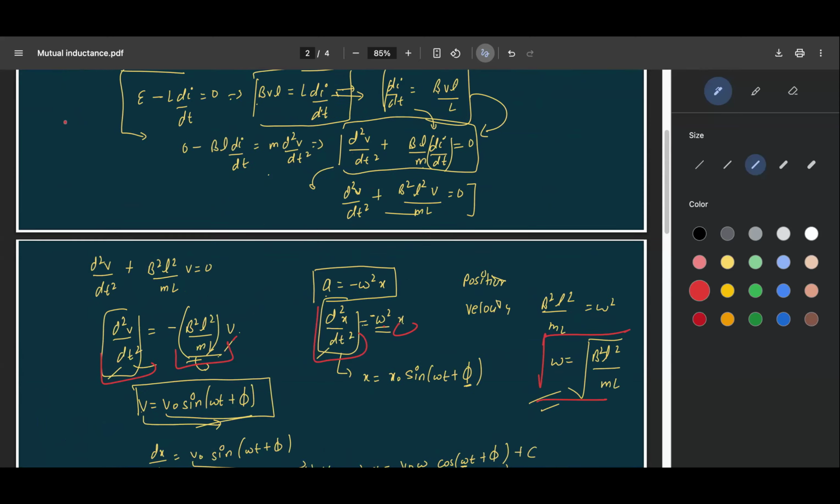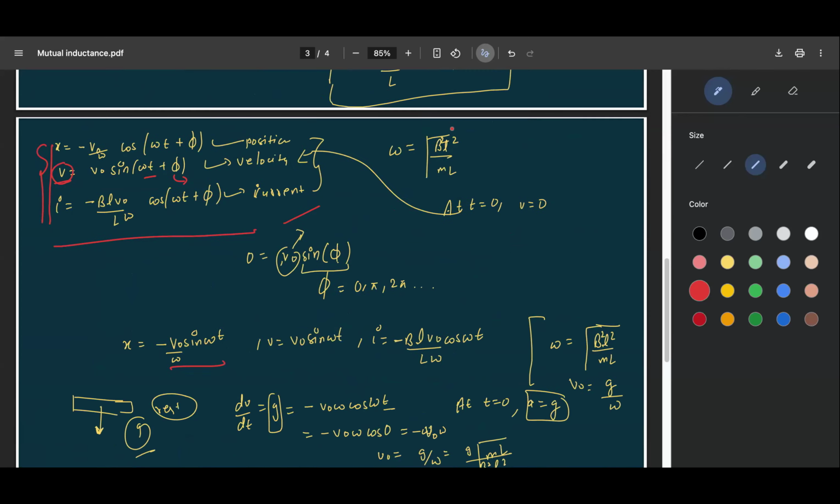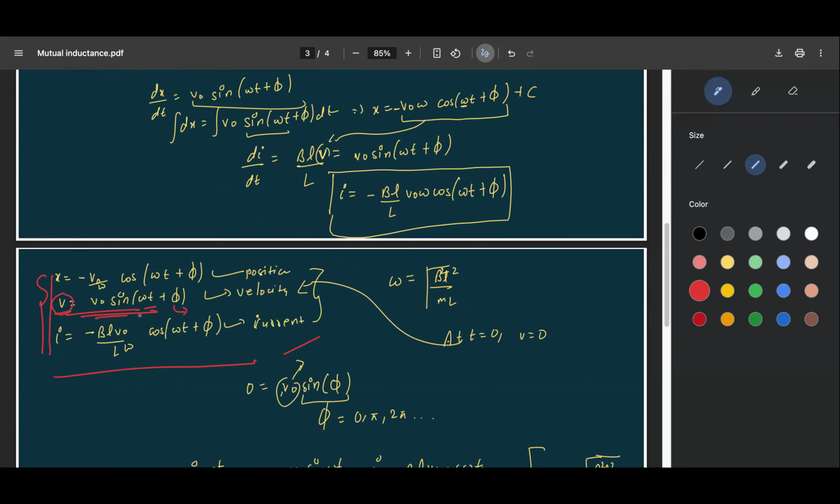But if you look at the very start, at time t equals zero, what is the acceleration? Because it is falling only due to gravity at the very start. So I know when time was zero, acceleration is only g. What is the acceleration formula? This one. I don't have acceleration. I know v. What is v? This is the v. So when you differentiate this, what are you going to get?